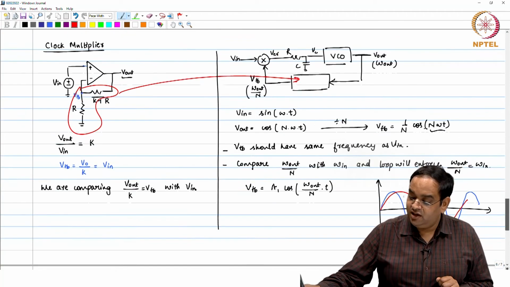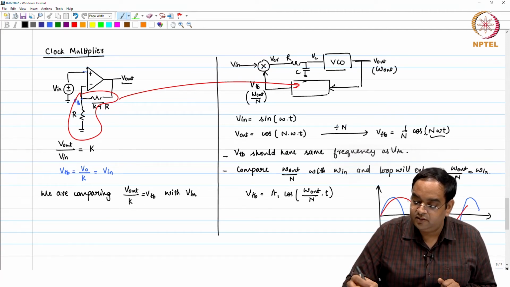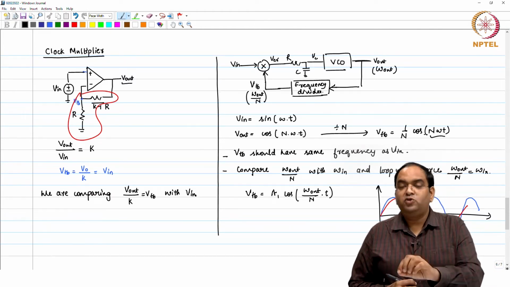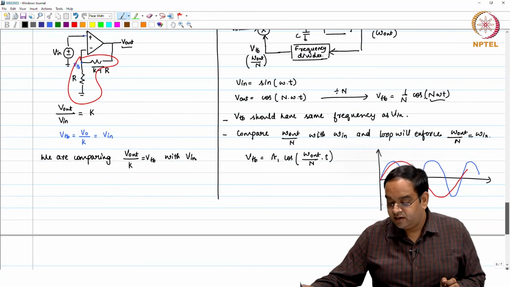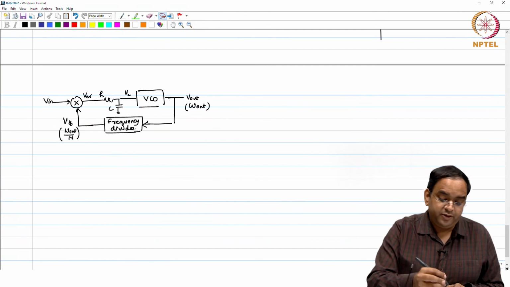So, you need a block called frequency divider. If you do that, then you can enforce this.